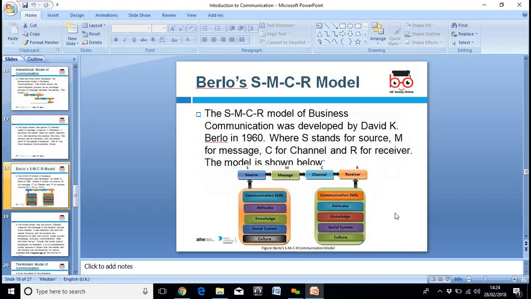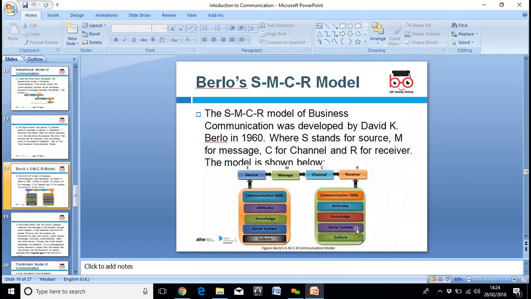Berlo's SMCR model. This model of business communications was developed by David K. Berlo in 1960, where S stands for the source, M the message, and C for the channel or means of communication, and R for the receiver.